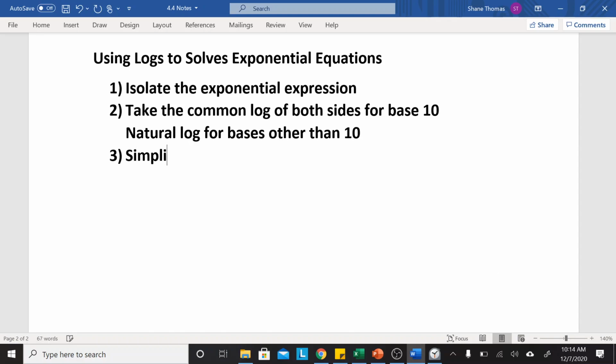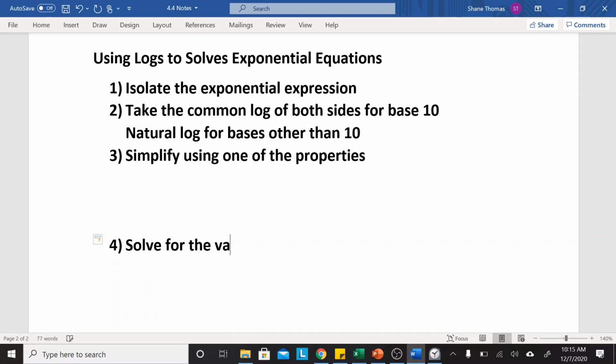Three, I'm going to simplify using one of the properties. And then solve for the variable. I'm going to write two properties in there, so that's why I left space.